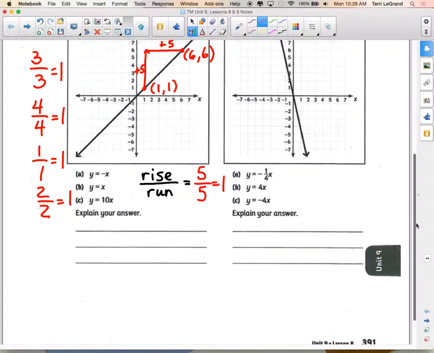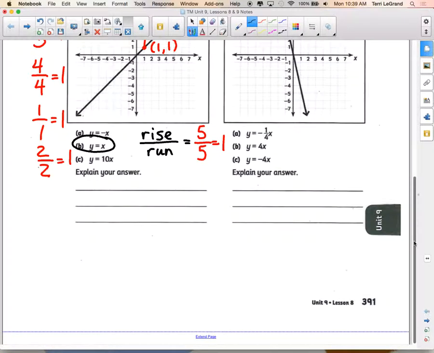Sylvia? B. Sylvia, can you convince the class why it should be B? Because y equals 1x. Okay, so y equals x is really y equals 1x, she says, right?